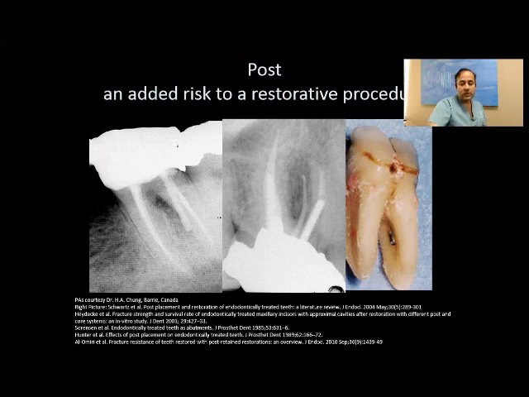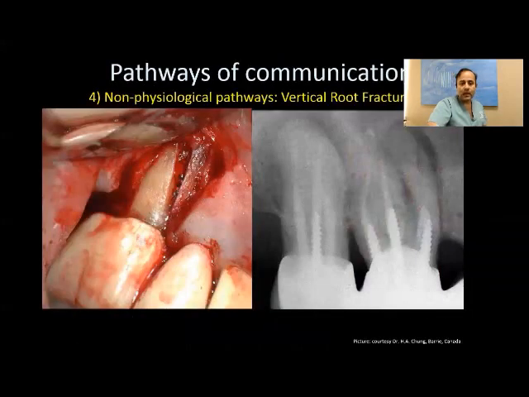So these associations could include the perforation in the root surface and cause a direct communication between the endodontic and periodontal environments.